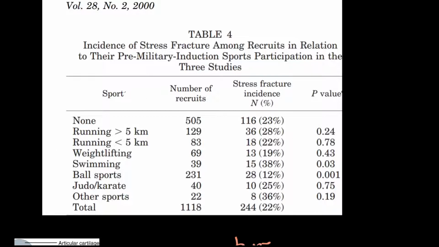So this is a table from a study that looked at military recruits that engaged in various types of activity before they joined the military, and what was their incidence of stress fracture. And I just want to direct your attention towards two numbers.